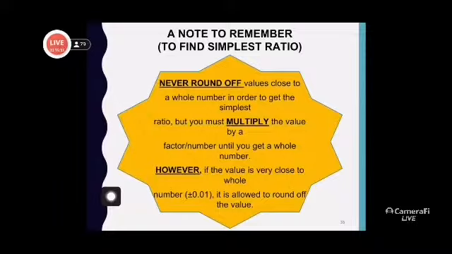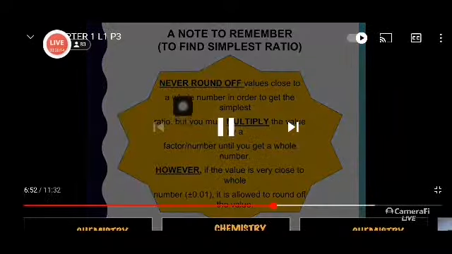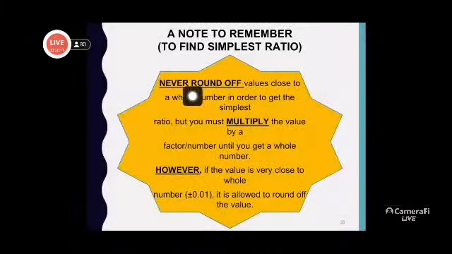Kita darab. Kalau darab dengan 2 masih lagi tak dapat nombor bundar, darablah dengan 3. Kalau masih lagi tak dapat nombor yang bundar, yang hampir-hampir nombor bulat, darab dengan 4. Belum, darab dengan 5. Belum lagi, darab dengan 6. And so on. Alright. Okay. So you cannot round off the values close to a whole number, but you must multiply by a value until you get a whole number.